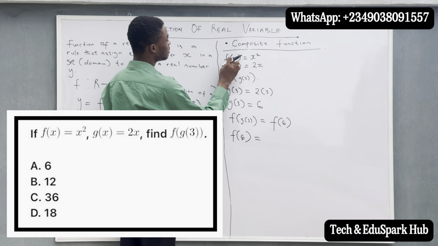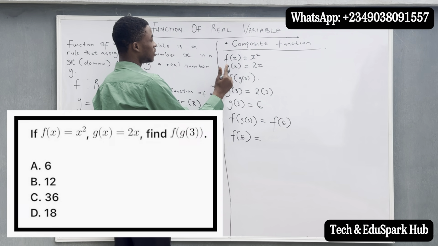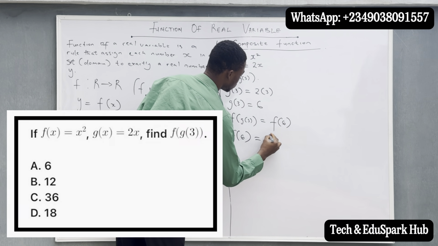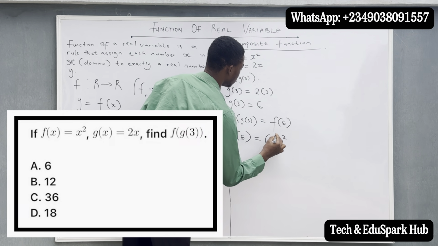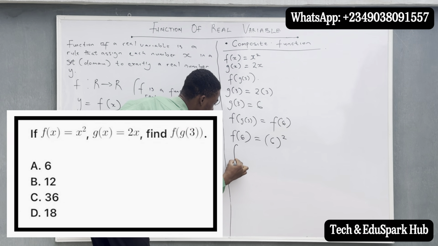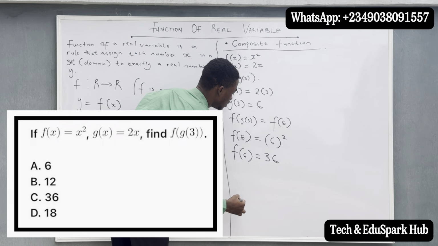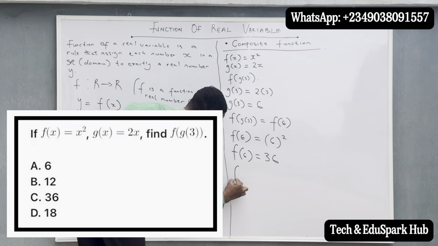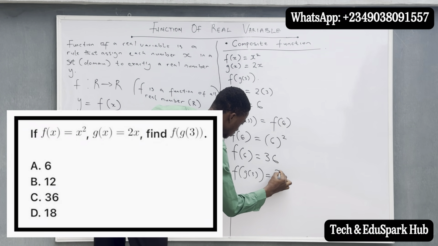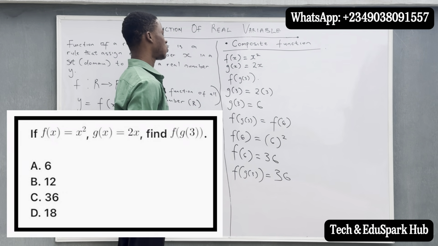So that means whenever we see x in x squared, we substitute it for 6. So we have f of 6 to be equal to 6 squared. You can see we have substituted 6 for x. So our f of 6 will be equal to 36. So we can now say f of g of 3 is equal to 36.